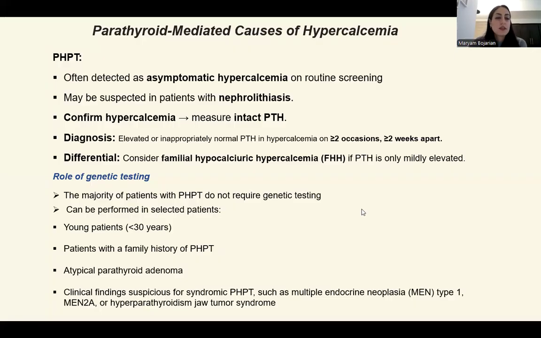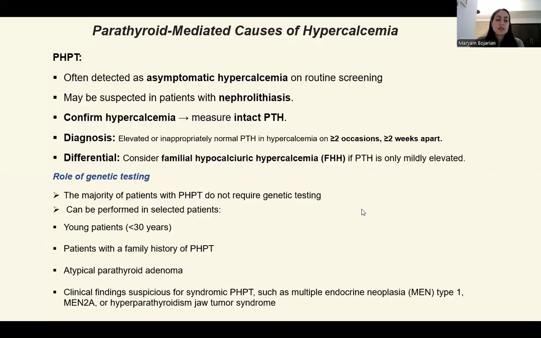When do we do genetic testing? Primary hyperparathyroidism can be part of genetic disorders, but thankfully, most patients with primary hyperparathyroidism do not require genetic testing. But if you have a patient diagnosed with primary hyperparathyroidism at an age less than 30, or a patient with a strong family history of primary hyperparathyroidism or atypical parathyroid adenoma, now you can think about genetic disorders such as MEN type 1, MEN type 2A, or hyperparathyroidism-jaw tumor syndrome.